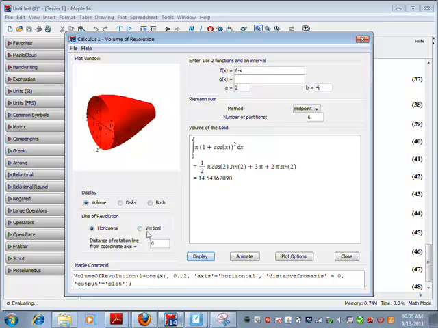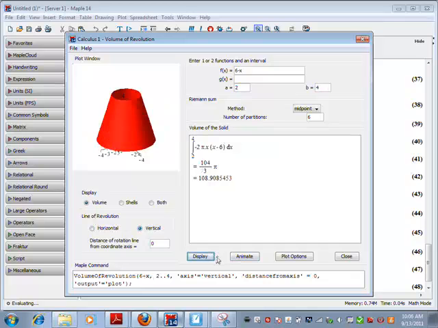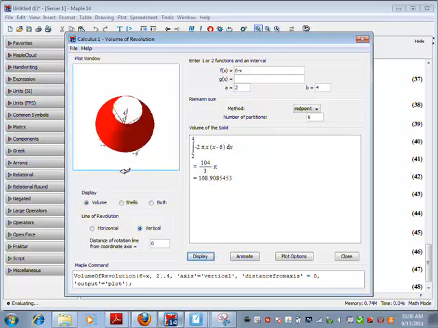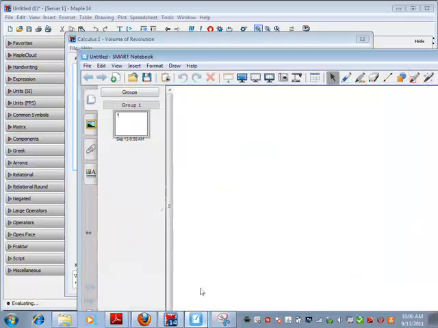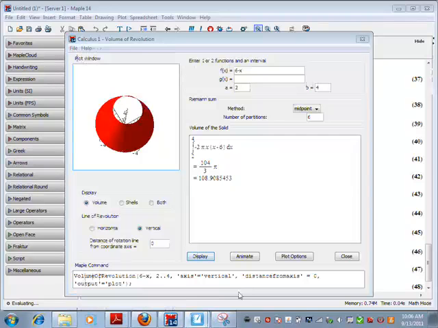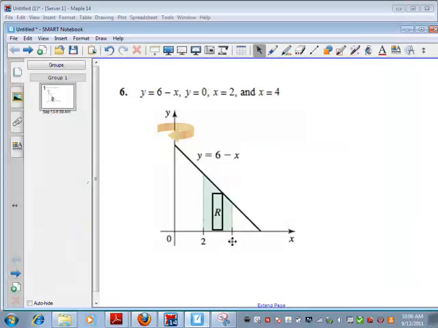I'm rotating around the vertical axis, right? Then you get something like that. Let's go back to the picture. Another question. That's the wrong one. Let me go to this one. So, I think that's right?